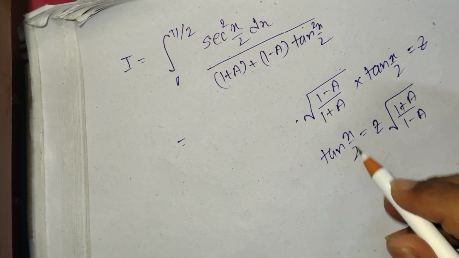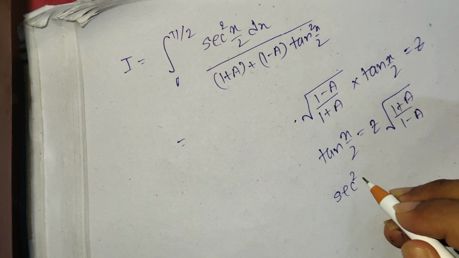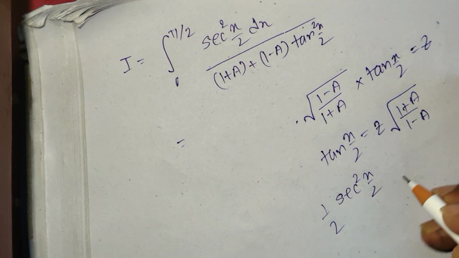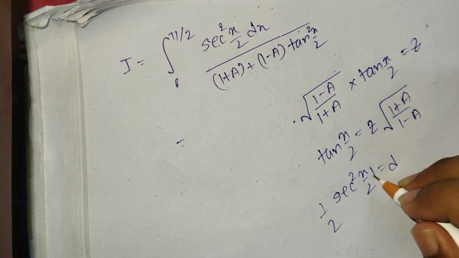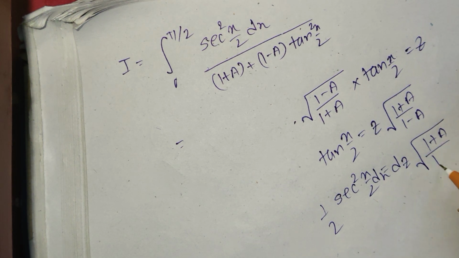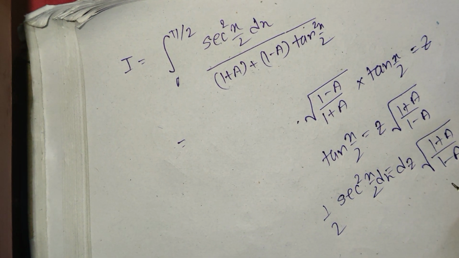The differentiation of tan x by 2 is sec square x by 2 into half dx, equals dz into root over (1 plus a by 1 minus a). It's very easy to solve.